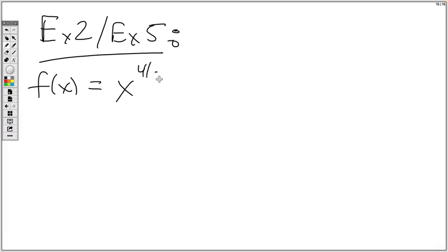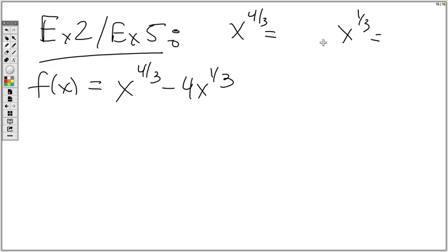So we got an x to the 4/3 minus 4x to the 1/3. And just to kind of remind ourselves here what these powers are doing, remember the denominator in the exponent is the what? Is that the power or the root? That's the root. So this is like the cube root of x to the fourth, or just the cube root of x. You with me or not?